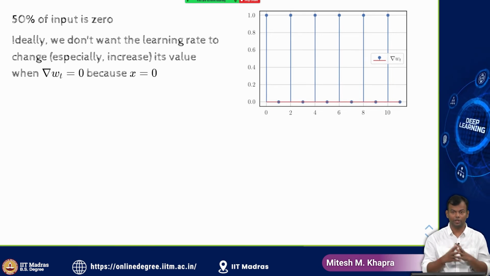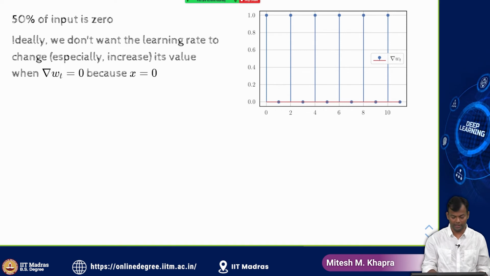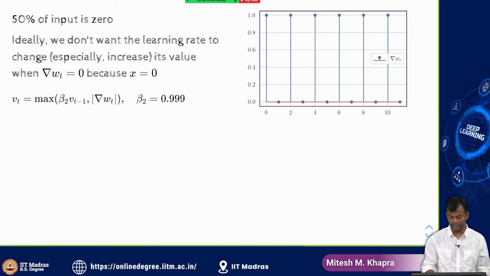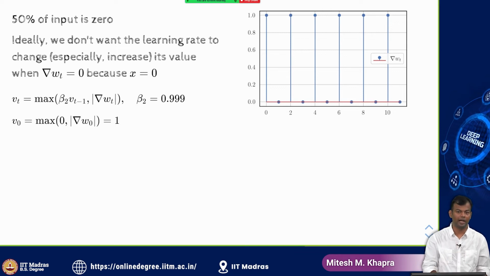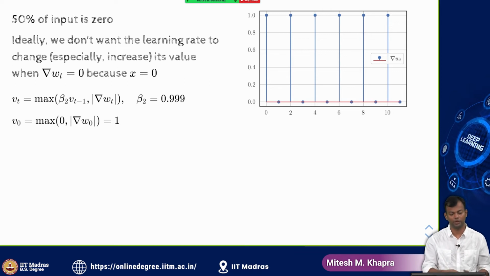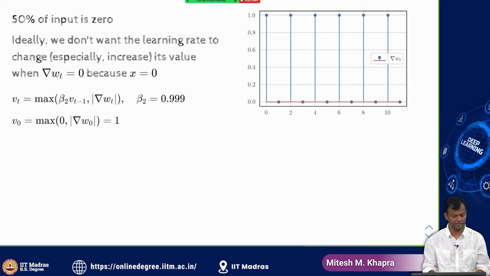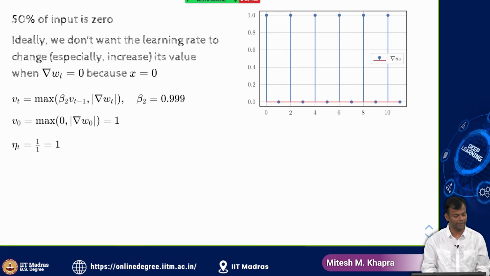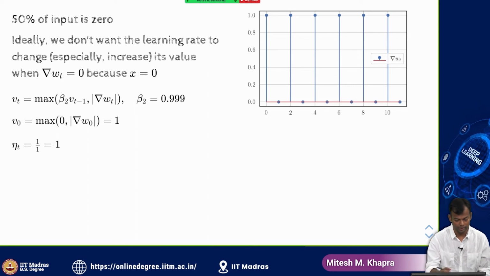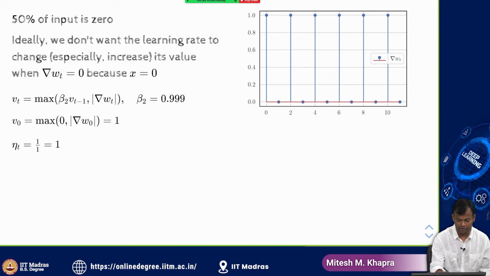Now ideally we don't want the learning rate to change, as I said, when the gradient is 0 or when the input is 0. So in the case of max, initially at time step 0 you had max of 0 comma the current gradient, so your V0 was 1. I assume that the initial learning rate eta naught is also set to 1.